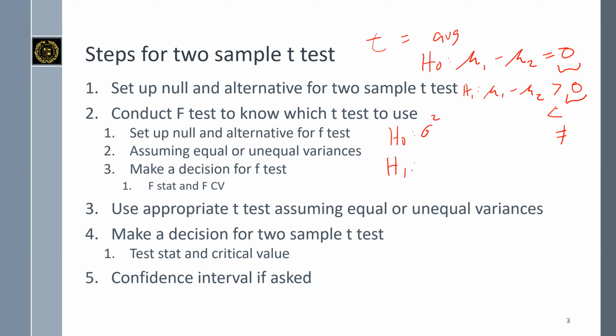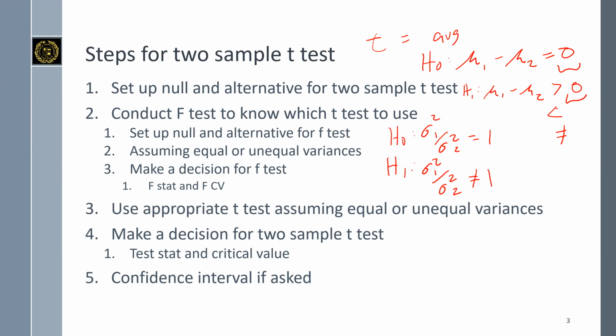So it's the population variance of group 1 over the population variance of group 2 equals 1. This is saying that there's no difference between the two. Your alternative is that it is not equal to 1, meaning there is some type of difference.